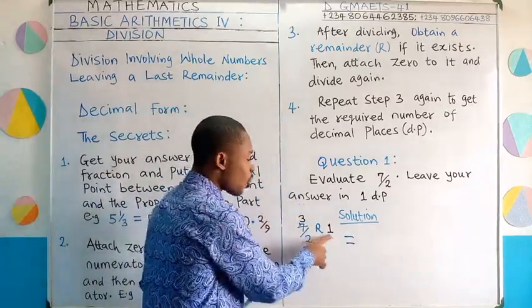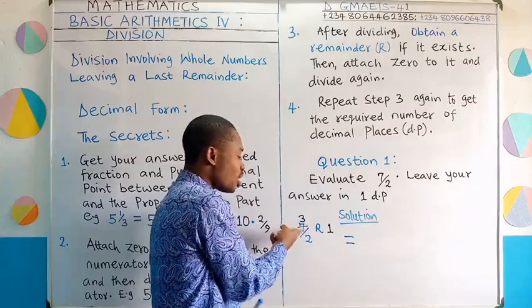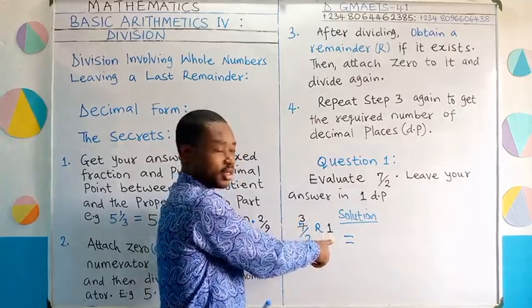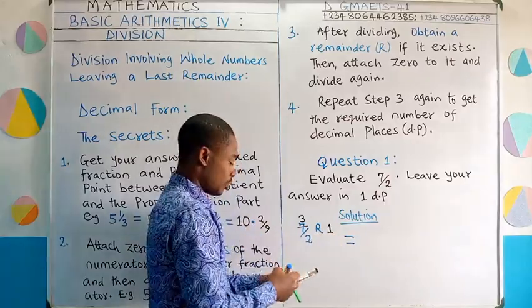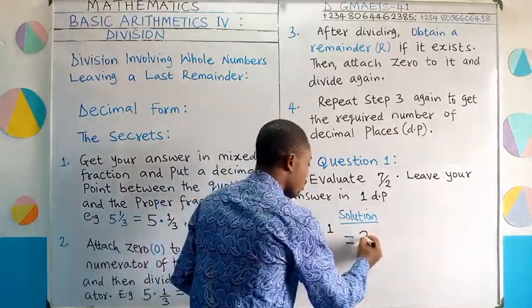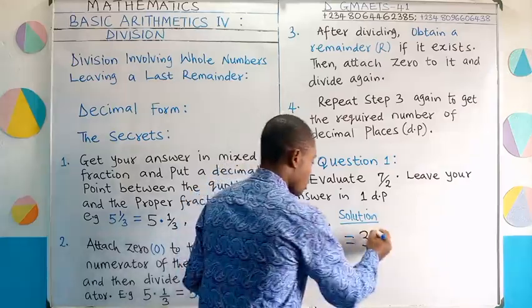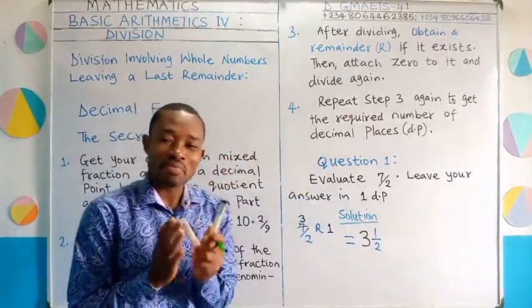Take note, this remainder is our last remainder, because after I divided this 7, there is no other digit in the numerator to attach this 1 and divide. Are you getting it right? So that is our last remainder. So you can collect your answer in mixed fraction form now. That will give us 3 whole number, then 1 over 2. Good. I've got my answer in mixed fraction form.